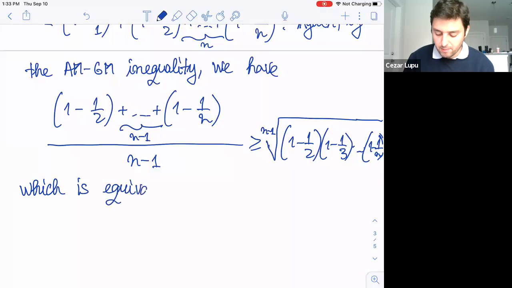So that was the main thing that we need to see here, that one of the terms was 0, so we can just get rid of it, which is equivalent with the following.